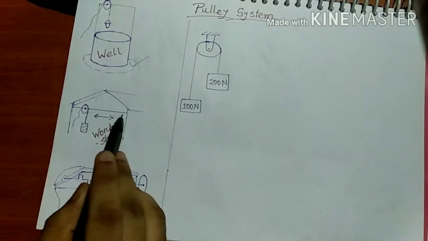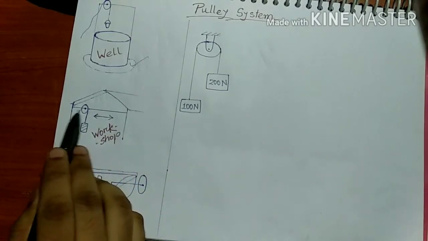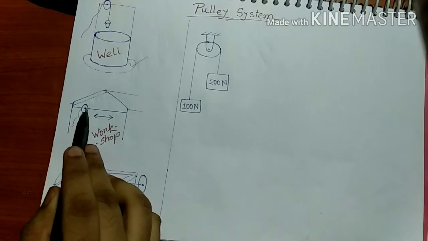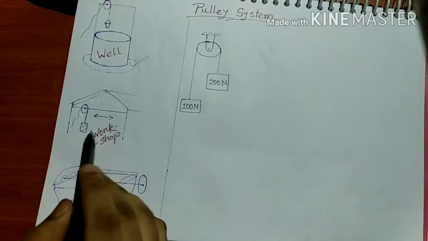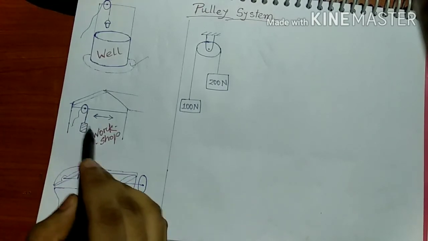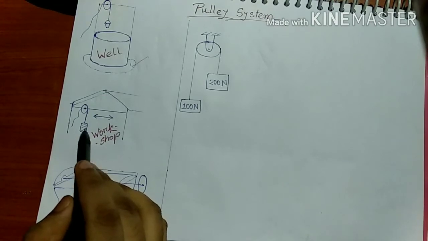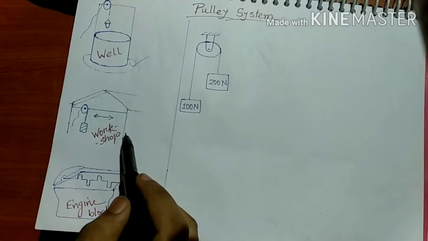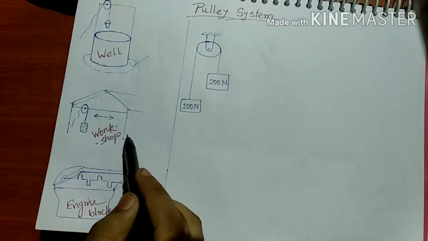So this is a metallic bar, or you can say a metallic beam, and here a pulley is attached. Basically this pulley is used to lift up some heavy item, some heavy equipment from one place to another place inside this workshop, right? So this is also an example of pulley application.